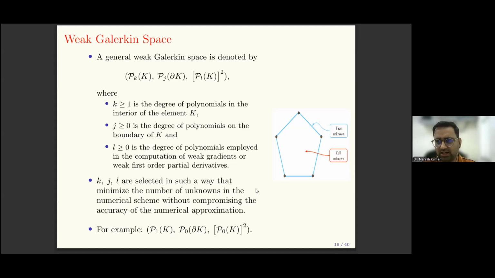If you take random combinations, you can do it in the computation, but for the theoretical purpose you cannot obtain the optimal results, so that is not useful. Mostly we take two types of combination: k and k minus 1, or k minus 1 and k minus 1. For example, P1, P naught, P naught, or you can also take P1, P1 and P naught.